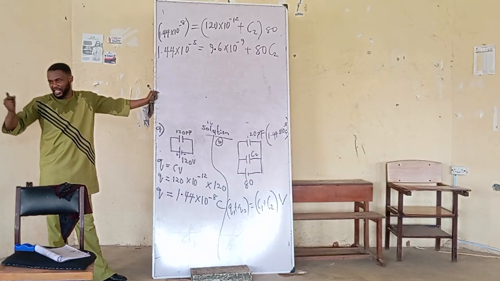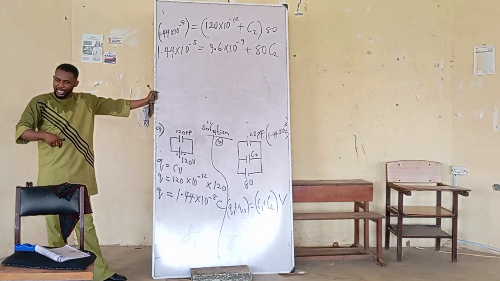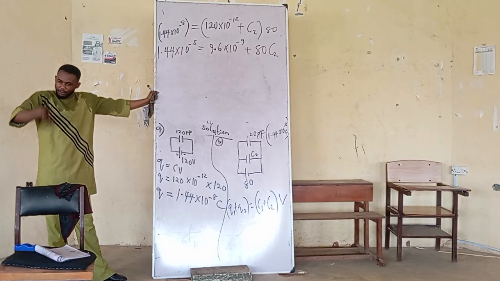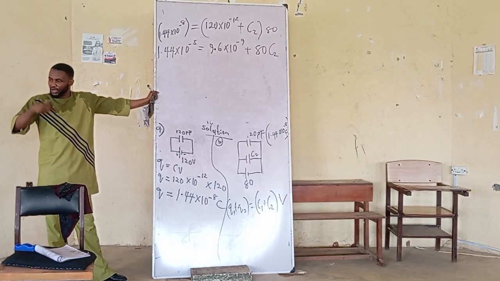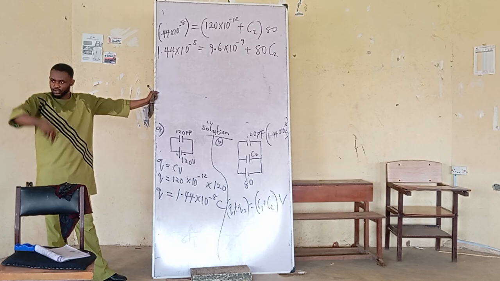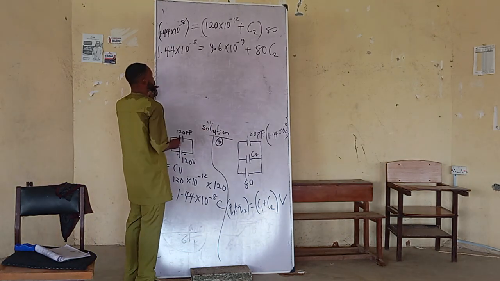Whenever something was connected and charged and then broken, and you now have a new capacitance, you must know that the setup is going to be in parallel. These are ideas that once you have, you already know what to expect. So those are the things I want you to pay attention to.